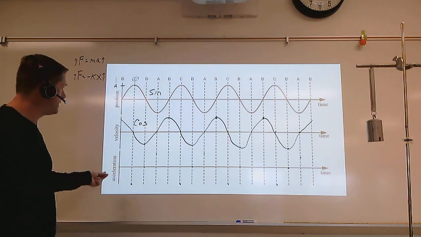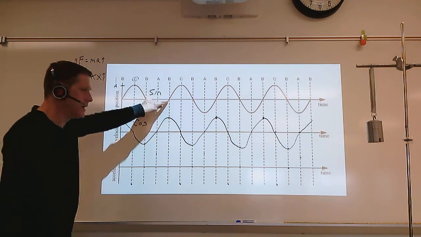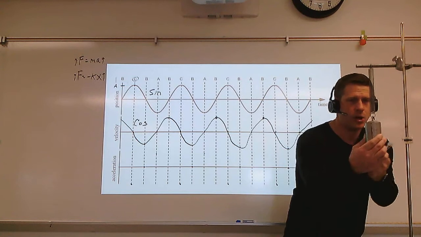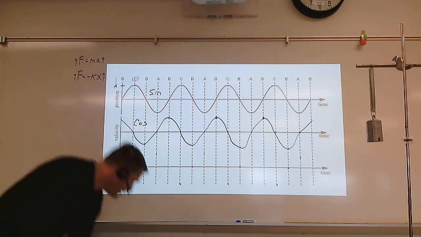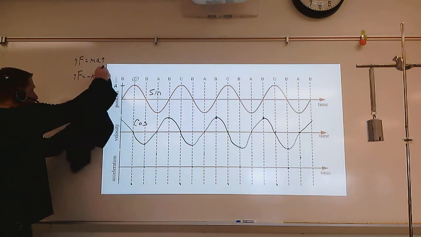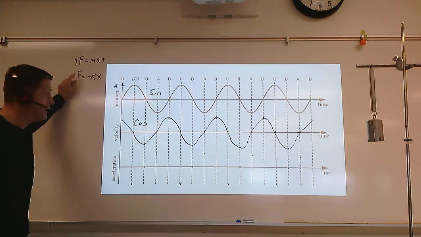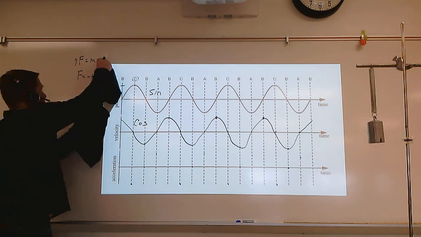Now, what do we got down here? Right? What am I doing here? I'm marking this thing here at the equilibrium spot on my way up. Well, the equilibrium spot is x equals 0. So if x equals 0, then the force equals 0. And if the force equals 0, then the acceleration equals 0.